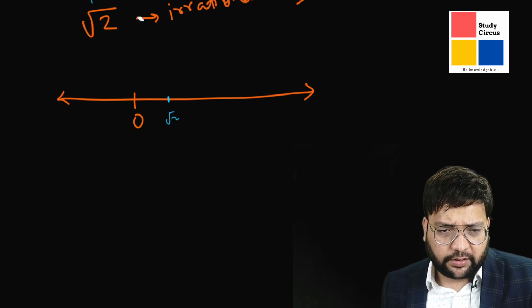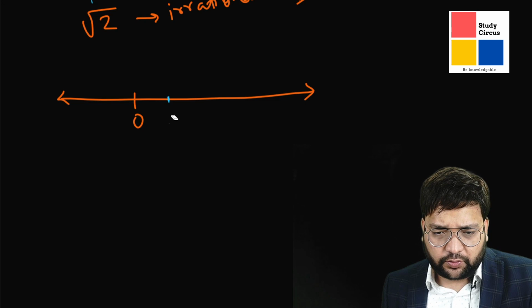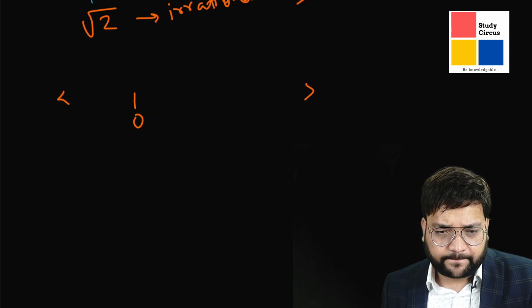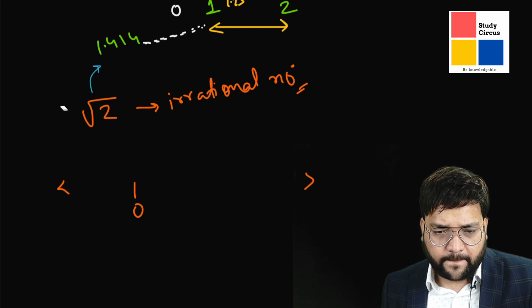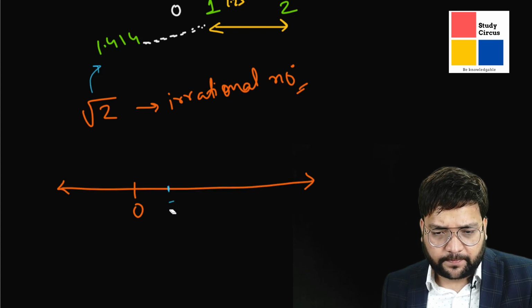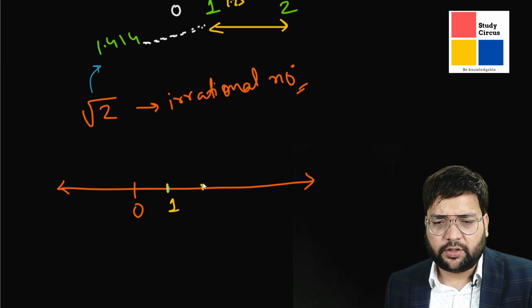For representing root 2, what we can do is take number 1 here. Let's say this is 1, this is 2, this is 3 on the number line.